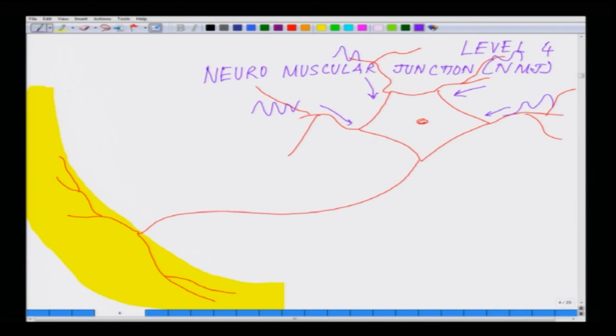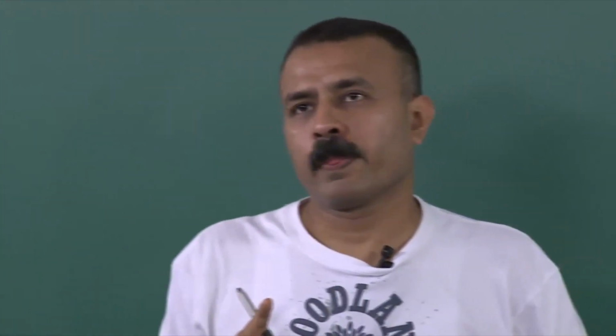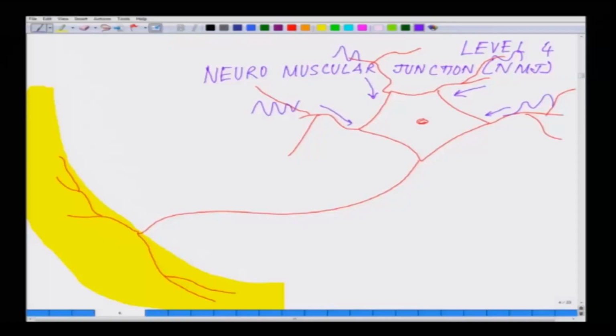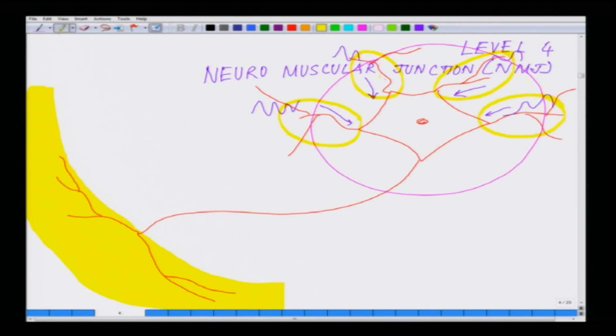So, there is a form of spatial and temporal summation of information. Spatial in the sense, because if you look at this whole image, signals are coming from different locations in space. It is coming from here, from here, from here, from here. Okay.